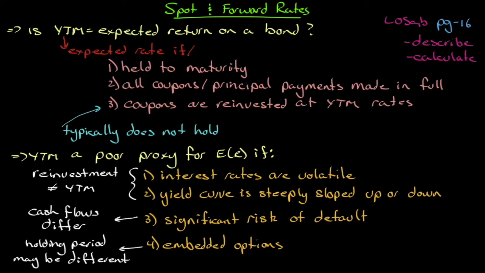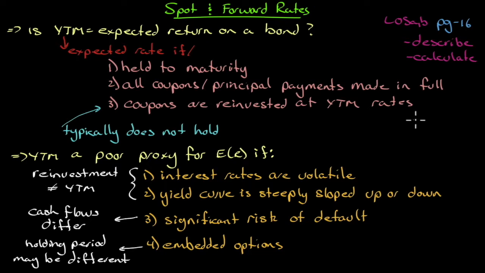Now you may be still thinking, but hang on a second, if I buy it at one price and I get all the cash flows and I get my principal, yes it is. Careful now. The yield to maturity, is it the expected return on a bond? Well, it is if it is held to maturity. Number 2, all coupons and principal payments are made in full. And the big one, which is difficult to support, is coupons are reinvested at the yield to maturity rates.